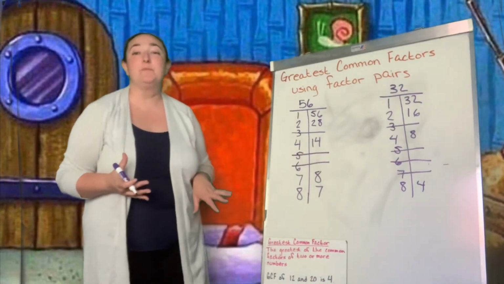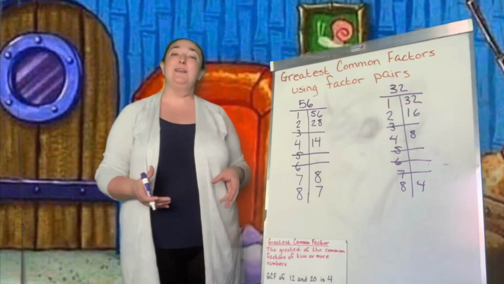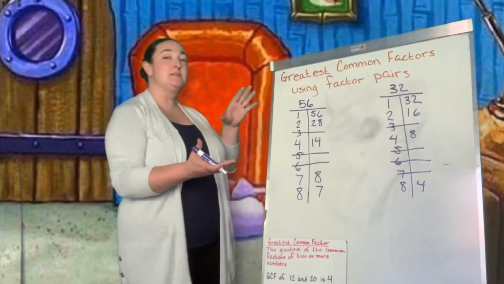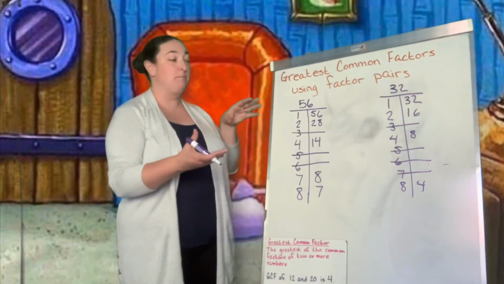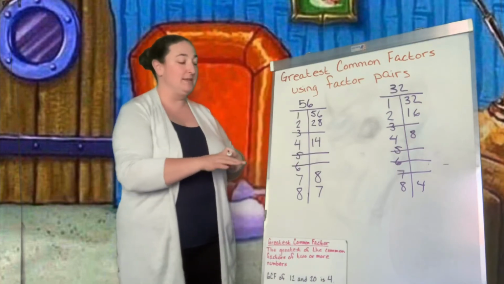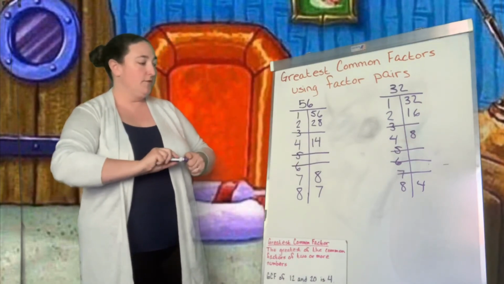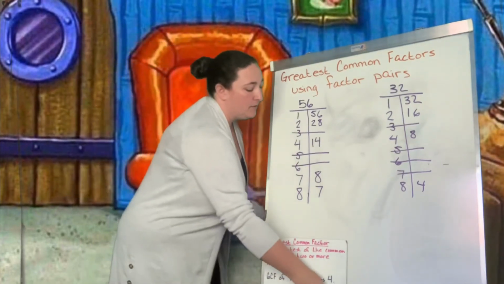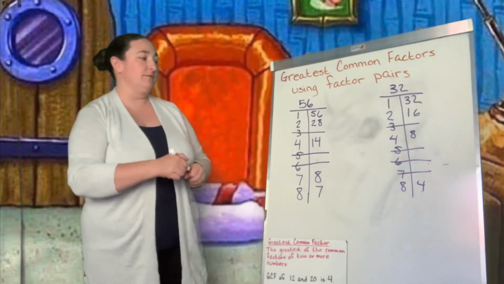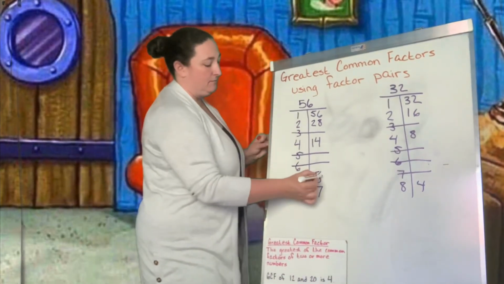Now I want to look at both of my lists and find what is my greatest common factor. What's the biggest number that's in both of these lists? Well, if I look over my list, the biggest number that's in both of these lists is 8.